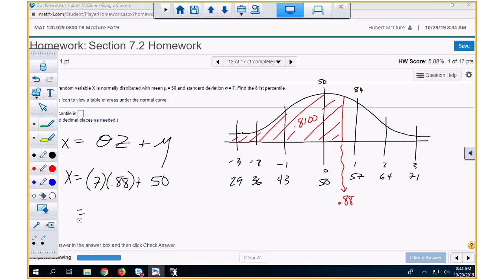What'd you get? 56.16. Is that feasible? Yeah. Why? Because your first standard deviation is 50, 57, and you said it was going to be right before you get to 57.